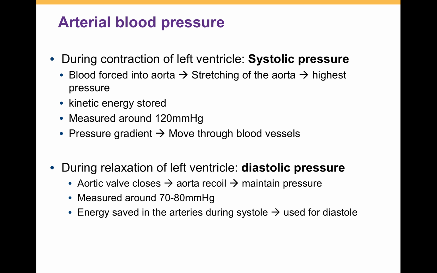You get a relatively larger number and a smaller number. The units for these two numbers are millimeters of mercury, or mmHg. The larger number for a healthy individual is typically about 120, and the smaller number, or the second number, ranges between 70 to 80 millimeters of mercury.